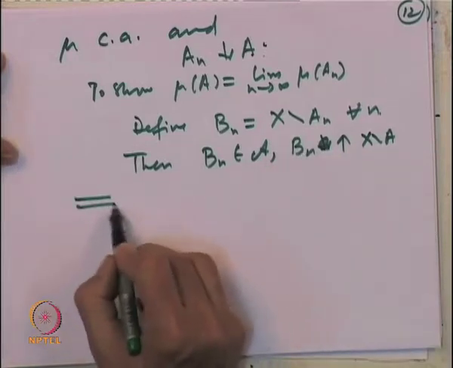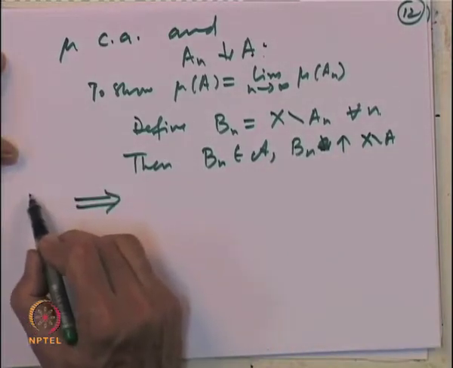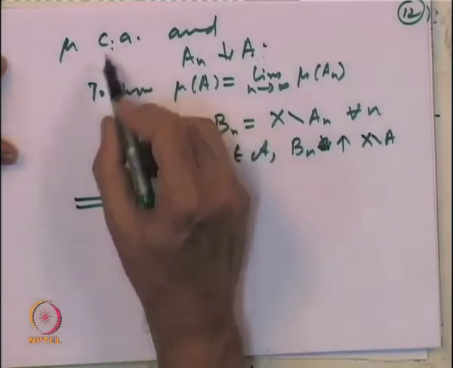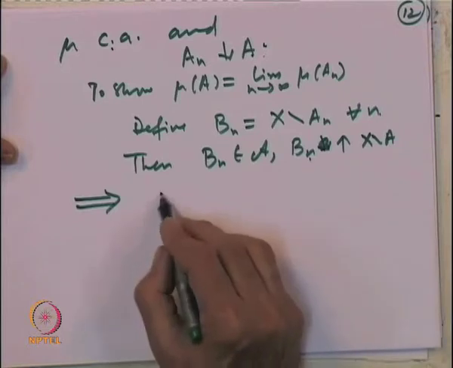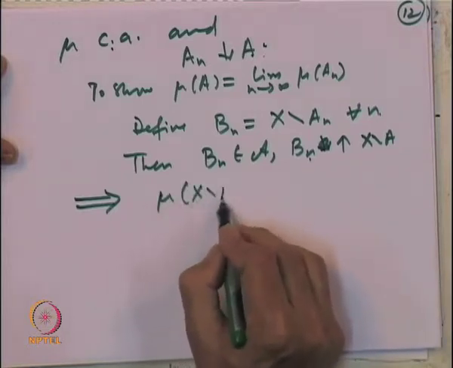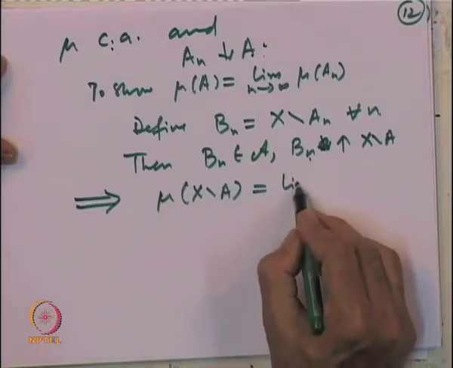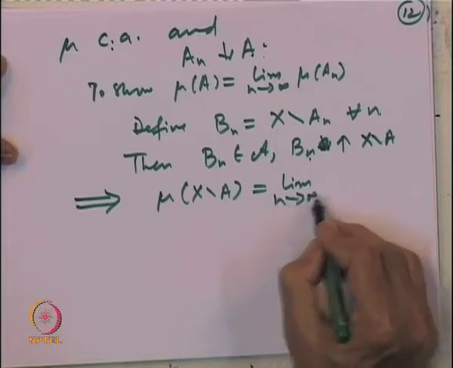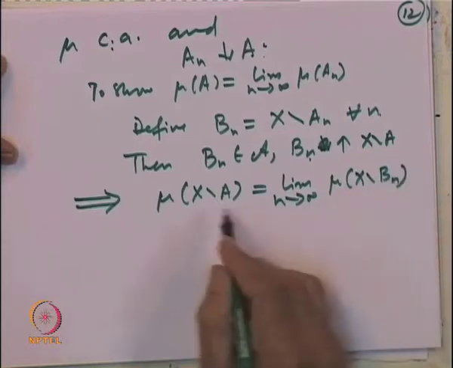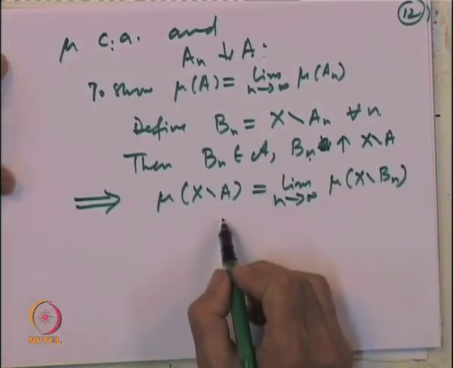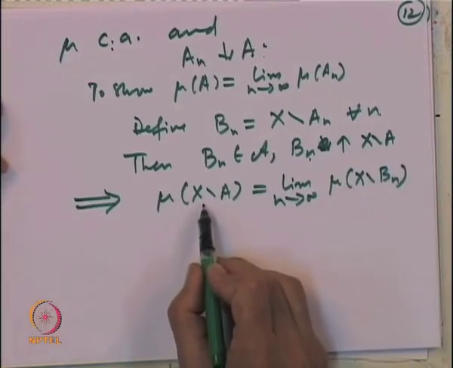So, by the earlier theorem, countable additivity implies that whenever a sequence is increasing, mu of X minus A must be equal to the limit as n goes to infinity of mu of B n. But now we use the fact that mu of X is finite.